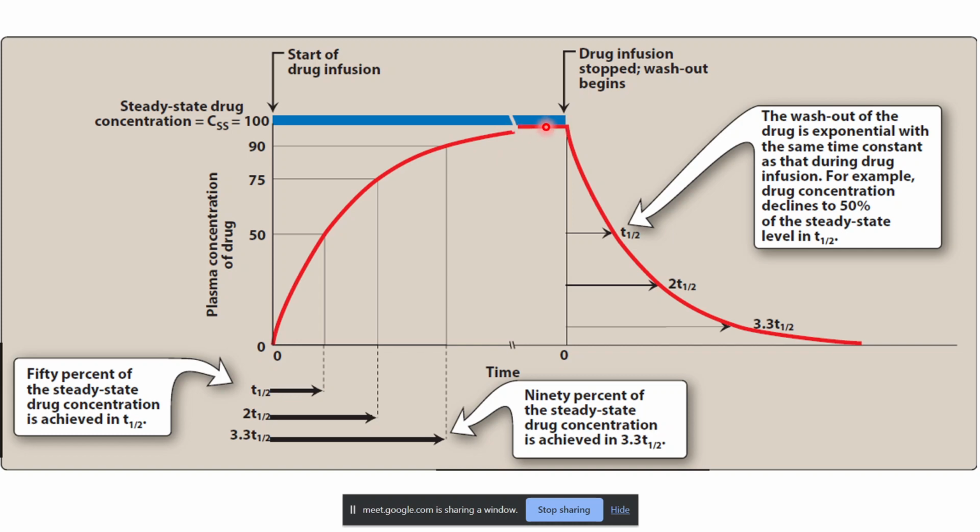At this state, the speed of absorption is equal to the speed of elimination, so that is why the concentration will not increase or decrease and will stay the same. This is called a steady state concentration.